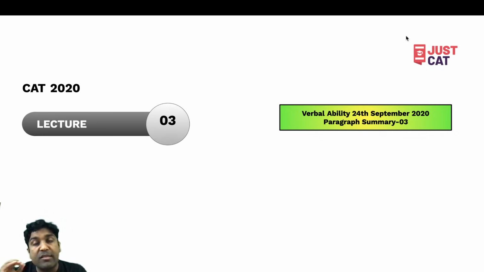Also, in a summary, the terms used will be different than the actual terms used in the paragraph. Certain synonyms of the words used in the actual paragraph will be used in the options. Also, similar words having similar usages will be used in the summary.